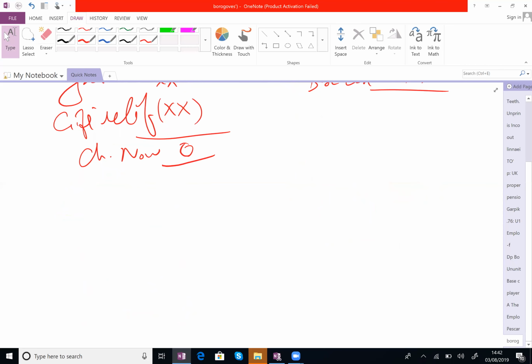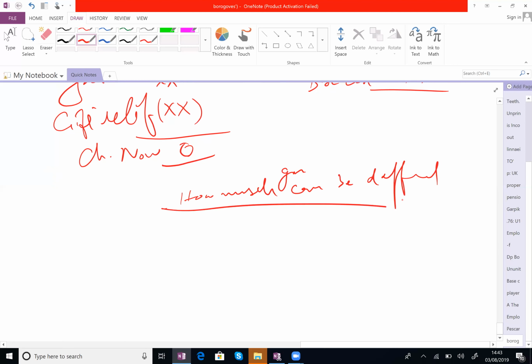How much gain? Obviously the same question arises: how much gain can be deferred? Full or partial? It depends. Number one, if you are gifting the asset for free. Free means, for example, today you are gifting me a mobile phone and you are not charging any amount from the donee.